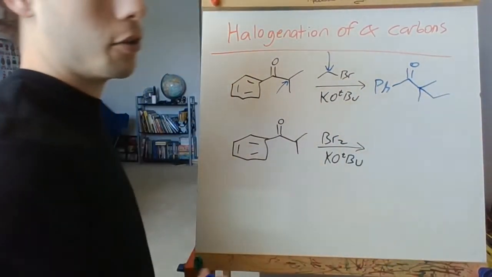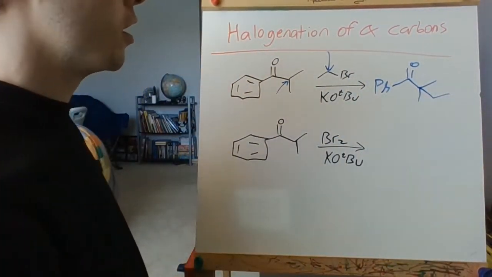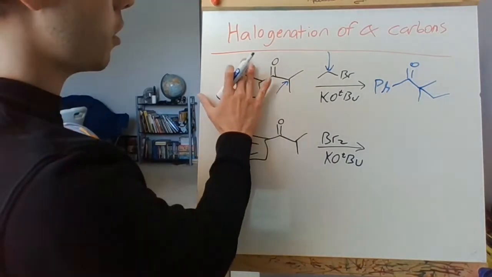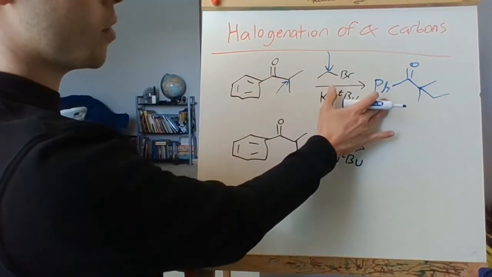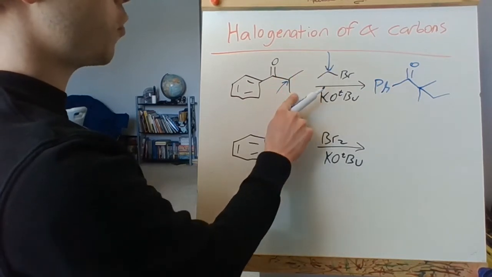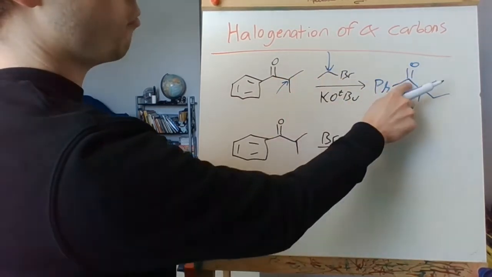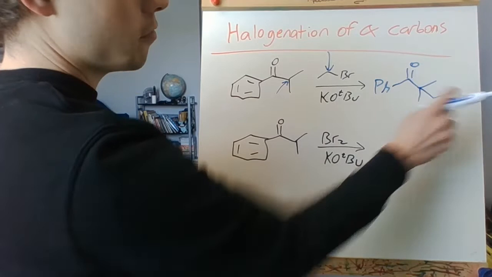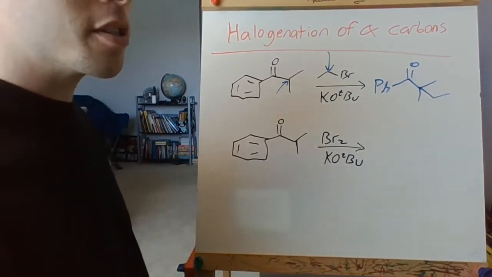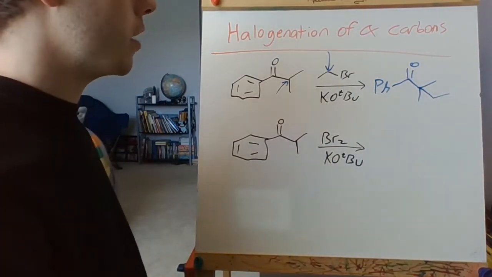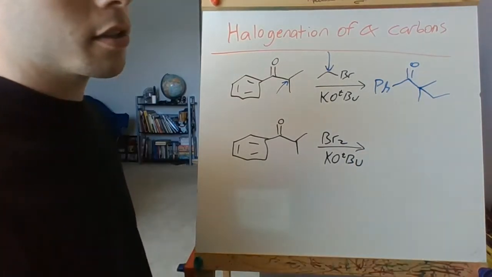And so we add those two to that alpha carbon. Remember to count your carbons, disregarding the phenyl group over here represented by Ph. We have 1, 2, 3, 4, 5, 6. We have 1, 2, 3, 4, 5, 6. And so we have all of our carbons accounted for, and this would be our final product.